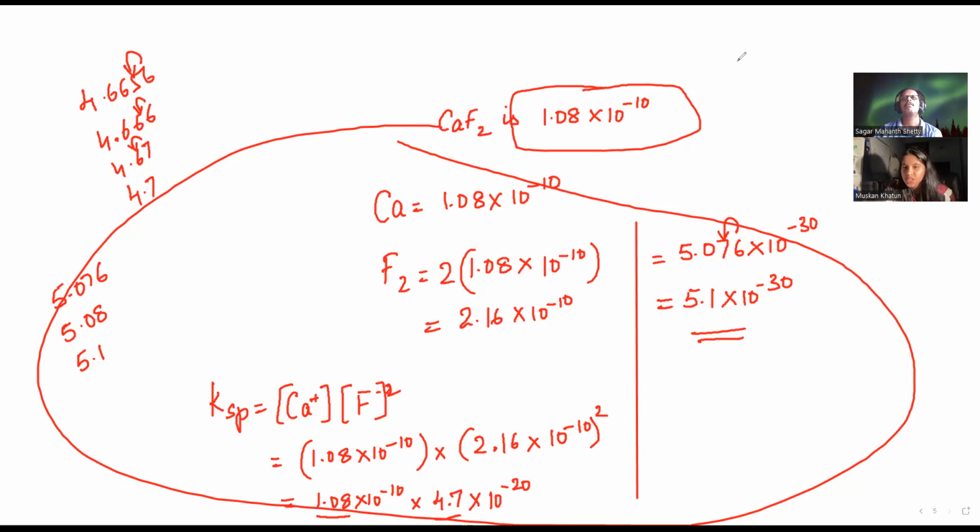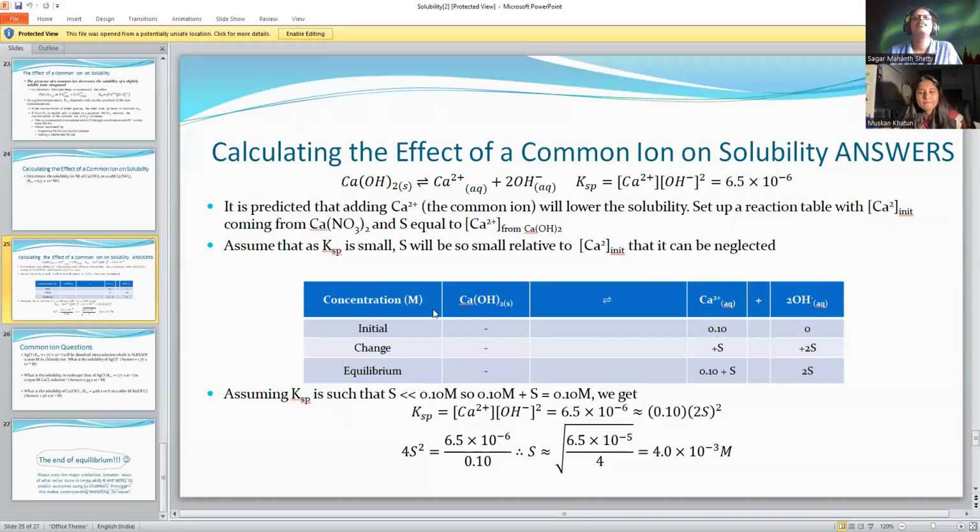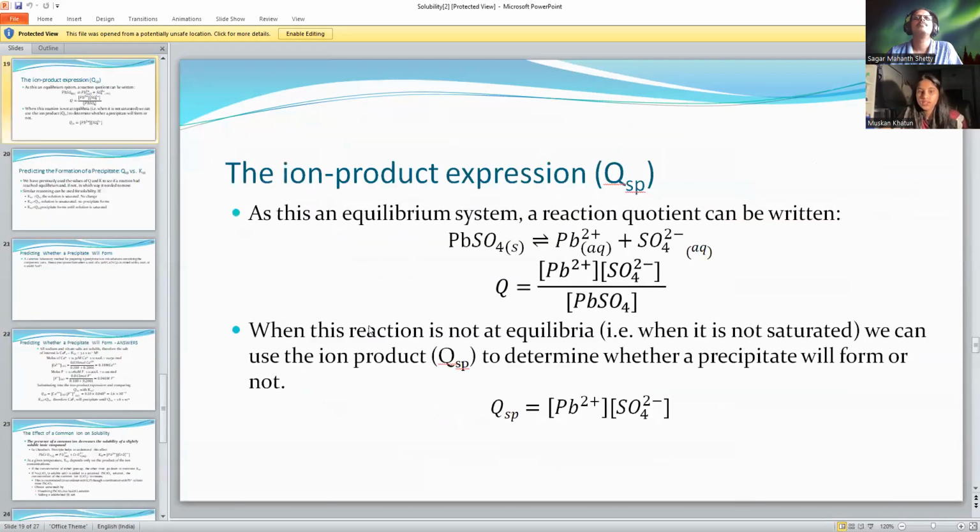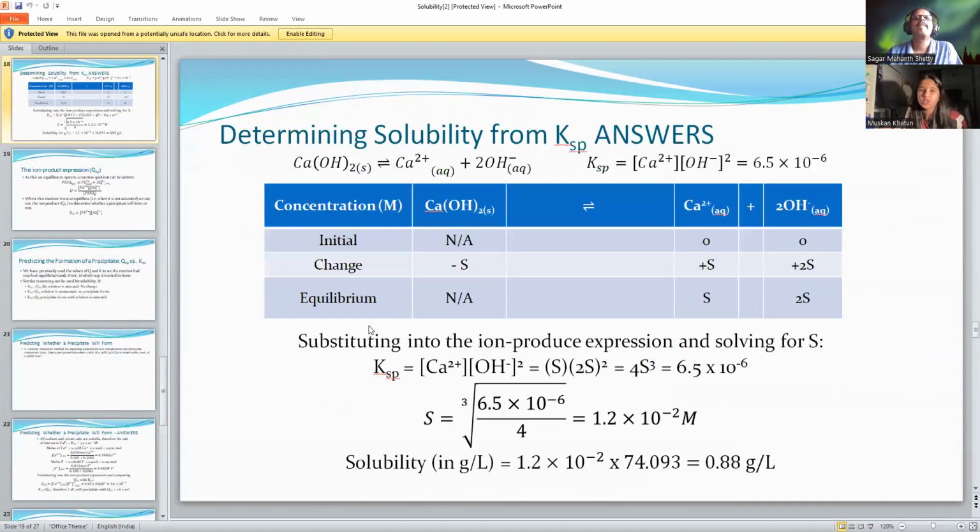She said it was in the solubility PowerPoint, the same one which I showed you a while ago. Calculating the effect of a common ion on solubility. Wait, let me share that. Are you talking about this one? Yes, for sure. Oh my god, that's a lot of math. Our teacher wasn't here. She just told us to look through it. Well, I'll be explaining this tomorrow. That'll be fine.